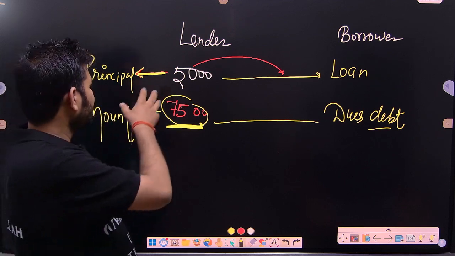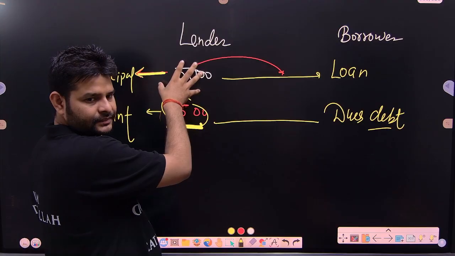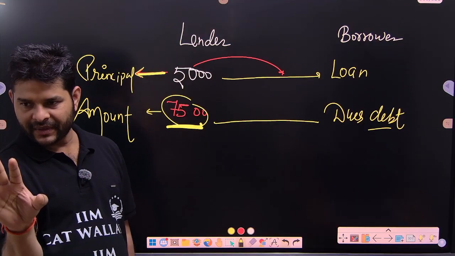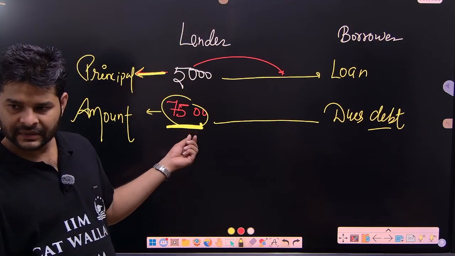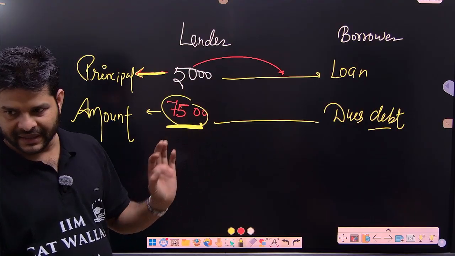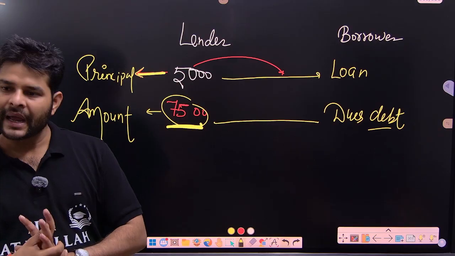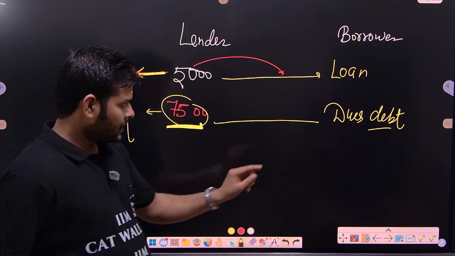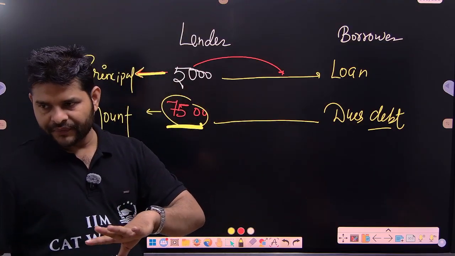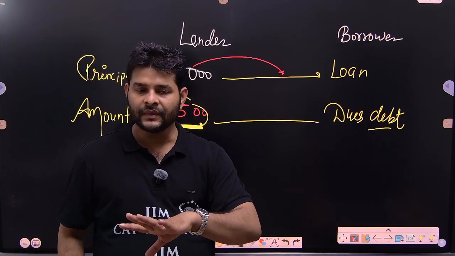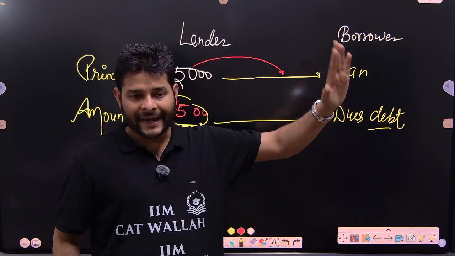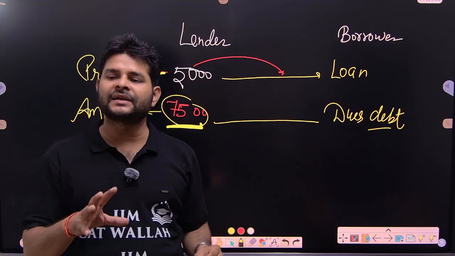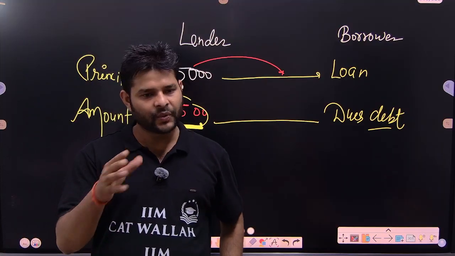Basically, the lender gave 5000, and for the lender that was principal. After 5 years, the lender will take 7500, and that 7500 is amount for the lender, but for the borrower it is due debt. At the end of the 5th year, the borrower had to pay 7500, but in some circumstance he was unable to pay.